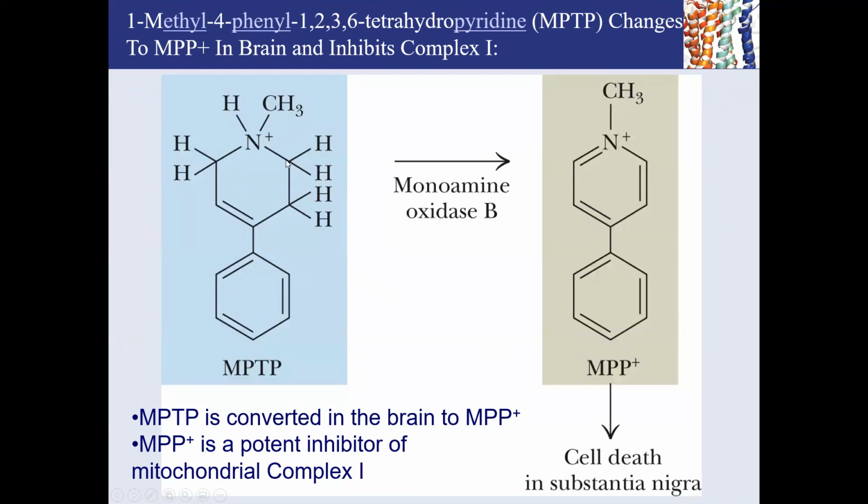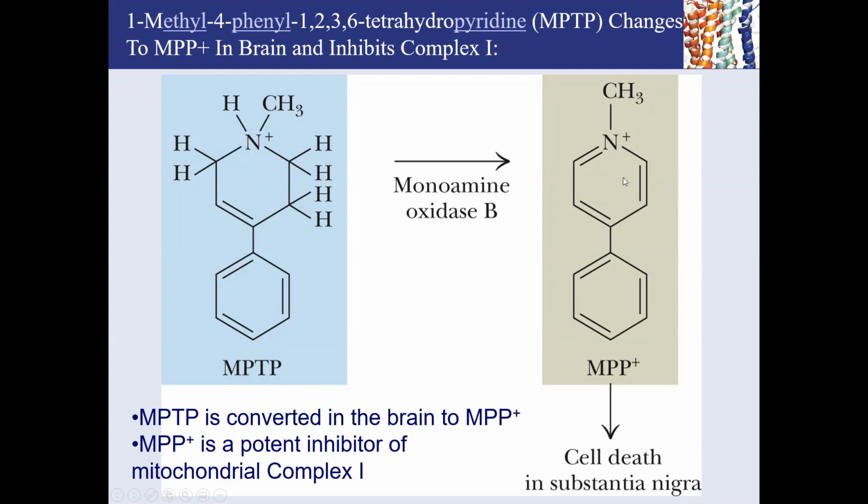But basically, that's the structure of MPTP. And the brain has this enzyme called monoamine oxidase B that will take MPTP and convert it into this very stable MPP plus. You can see that you now have 2 aromatic rings as opposed to 1 here.